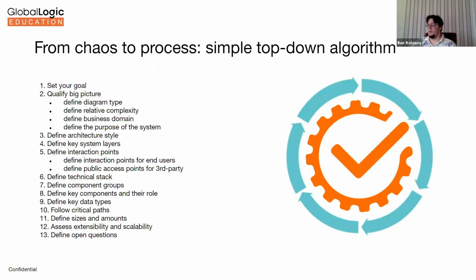Just observing the arrows on your diagram in a proper way. Maybe you will be able to define some sizes or amounts. It can be noted on your diagram somehow. It depends on diagram, right? So it is also very useful input for your test data planning, for your test coverage.